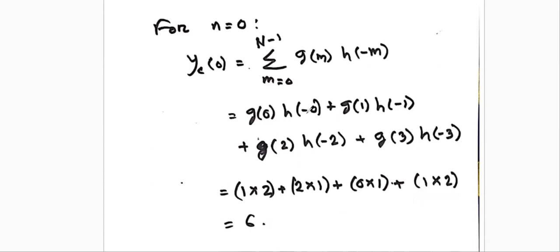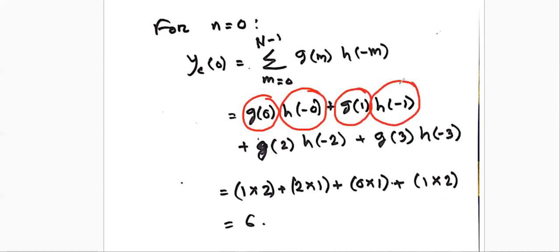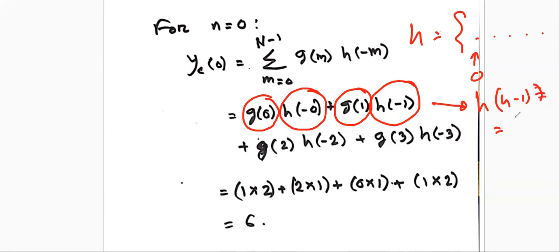I'm just considering g0, it has been given. h0, it has been given. g1 given. h minus 1, no, it is not given, because h is given like this. Let's say we have some values which start with the 0th sample. There is no negative sample. Whenever we have a negative sample, this should be replaced by h4 minus 1, which is equal to h3.